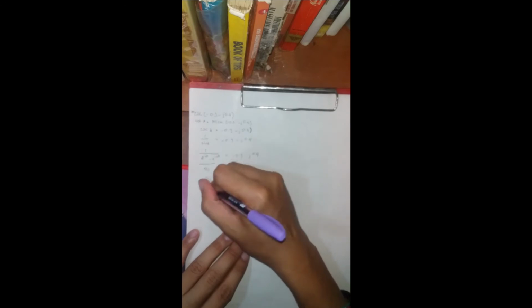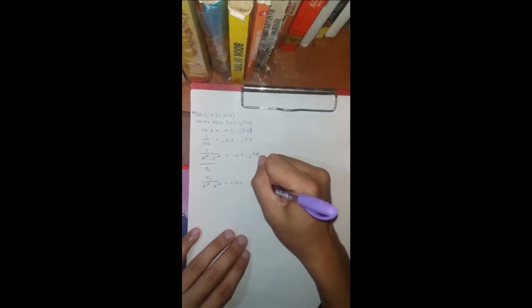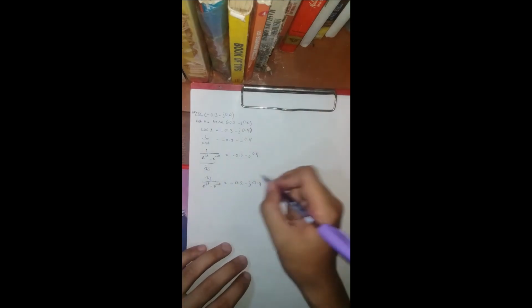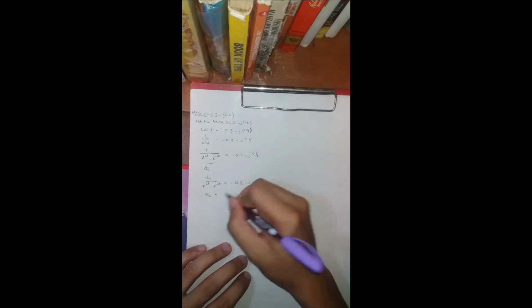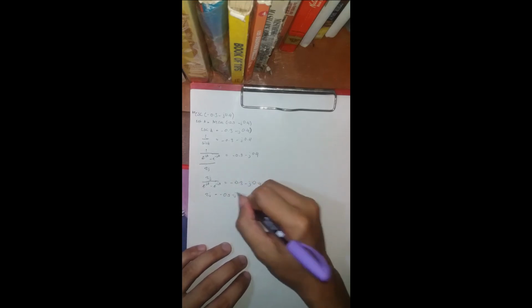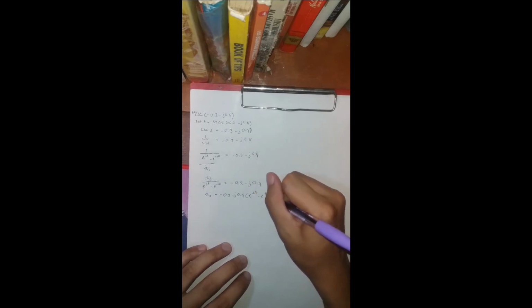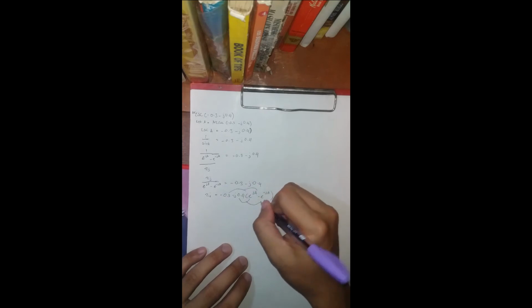So it's 2j all over e raised to jA minus e raised to negative jA equal to negative 0.3 minus j 0.4. Then we multiply this to this one. So you have 2j equal to negative 0.3 minus j 0.4 times e raised to jA minus e raised to negative jA. So FOIL method again.